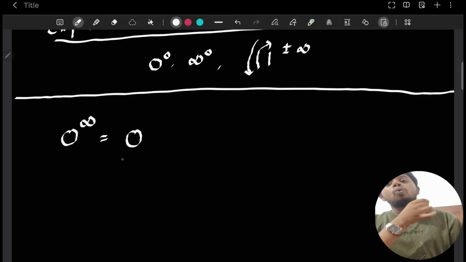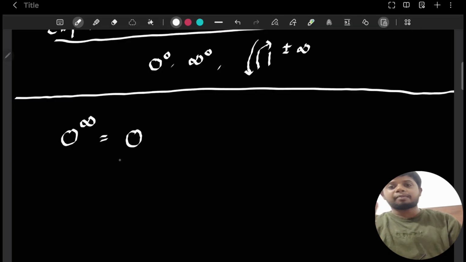There is no indeterminate in this question. 0 power infinity, there is no indeterminate. This 0 can be 0 plus or this 0 can be 0 minus. In each and every case, if I take that number as a larger, I'll get answer 0 only. So that means this is determinate form, determinable form.